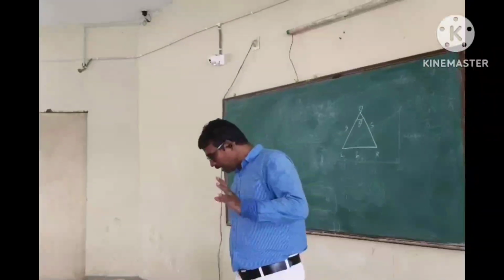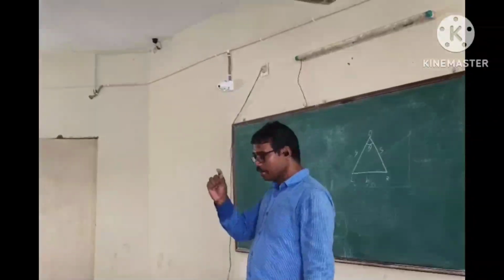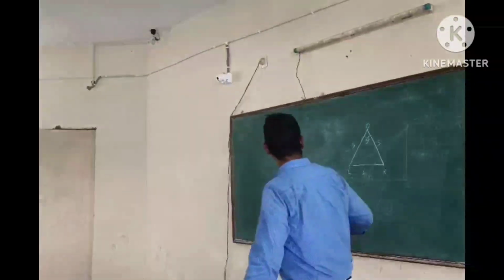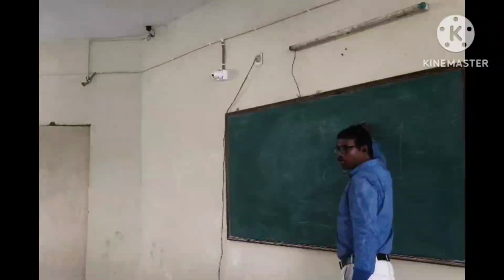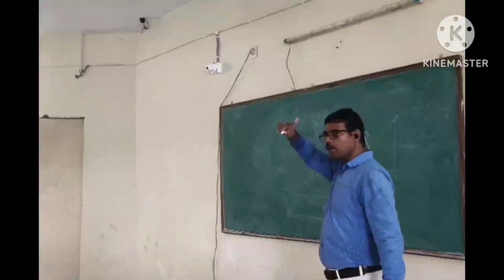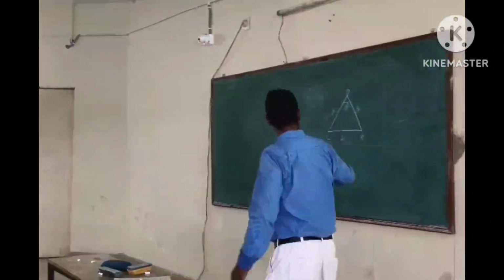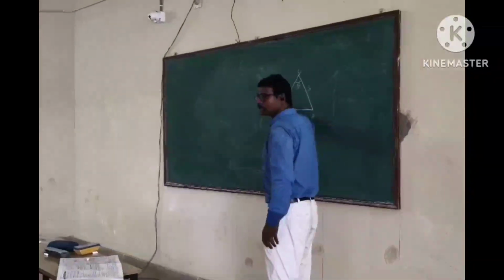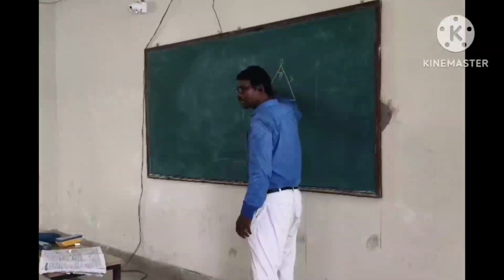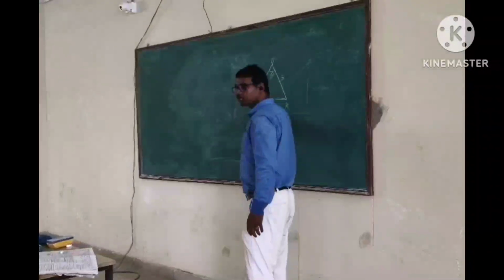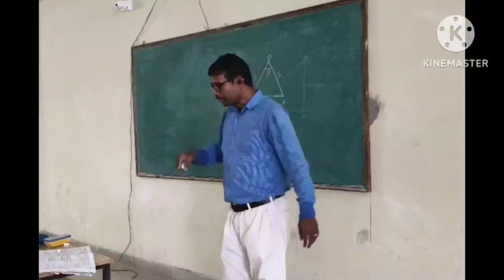To understand parallax, hold a pen. Suppose the pen is O, object. Here the pen is the object, at a distance S from the position of the eyes.